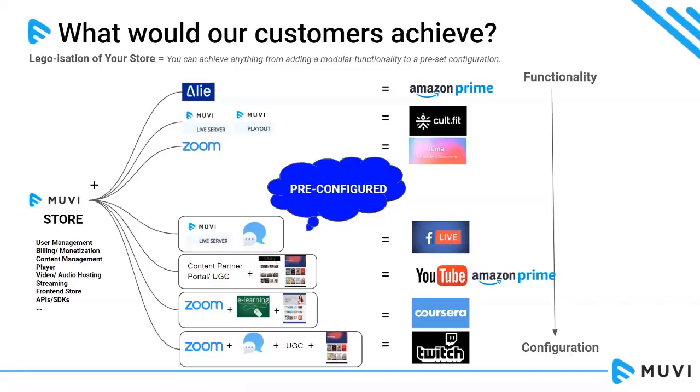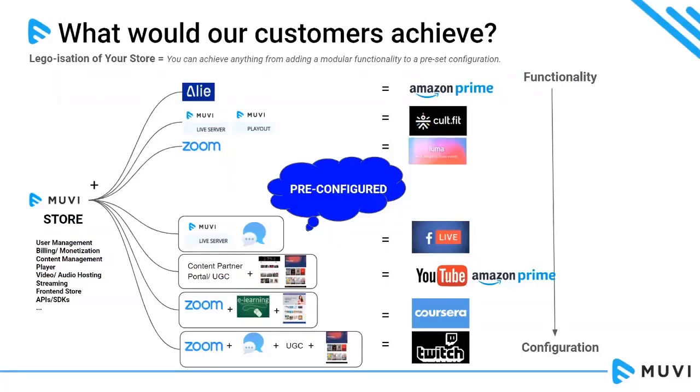If you want to create something like YouTube, it's a little different because now you need content partners. Even an Amazon Prime kind of platform will require you to have content partners, give them rights to upload content and manage content, do a revenue sharing with them, or a settlement with them. It may also require you to give rights to your end users that they can not only consume the content but also create the content.